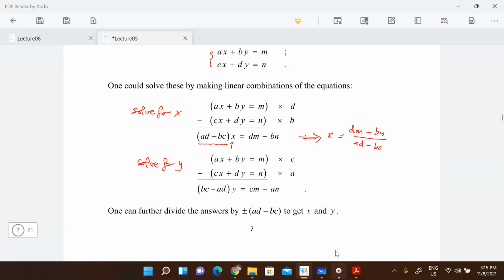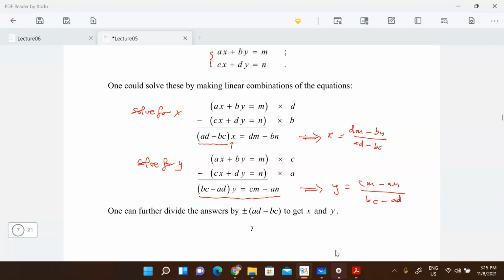Over here is A, so I multiply this by C, and over here is C, so I multiply it by A, and then subtract again, then I get this equation, and again I'll be able to solve it. Y equals CM minus AN over BC minus AD.